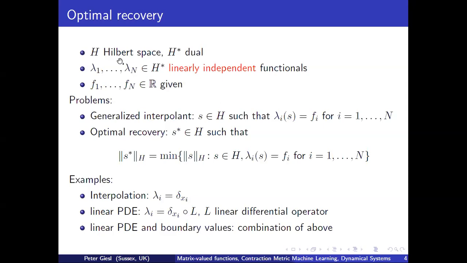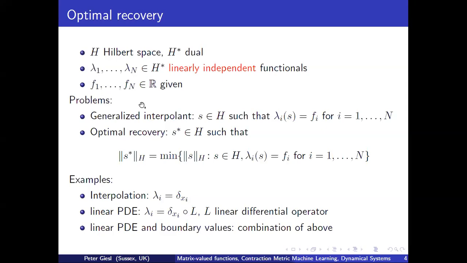So in a very general setting, we still have the Hilbert space with its dual, and we are given n linearly independent functionals. They could just be the delta functionals, so these would be point evaluations of elements of the Hilbert space, so think about functions, and corresponding values for these functionals.